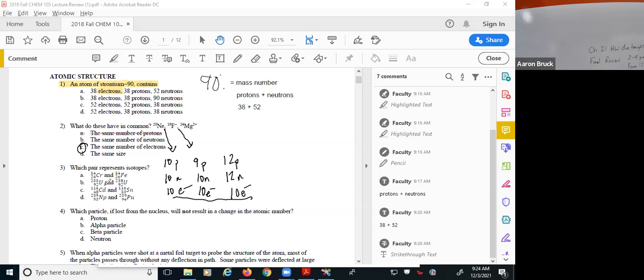The more attraction that there is, the more that those electrons are going to be drawn in. And so the nucleus that has the greatest charge would also have the greatest attraction. So that, therefore, the magnesium, because it has the most protons, would have the greatest charge, would have the greatest attraction, would be the smallest.